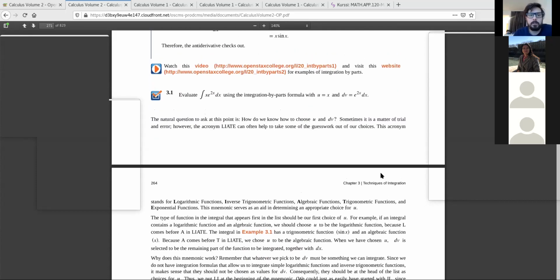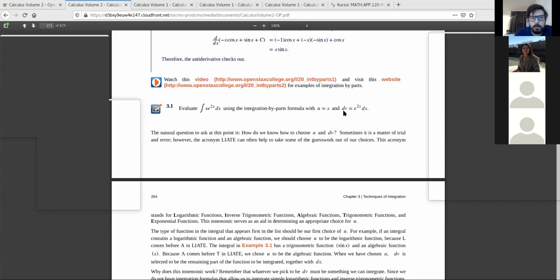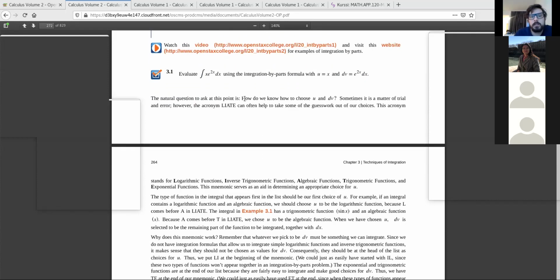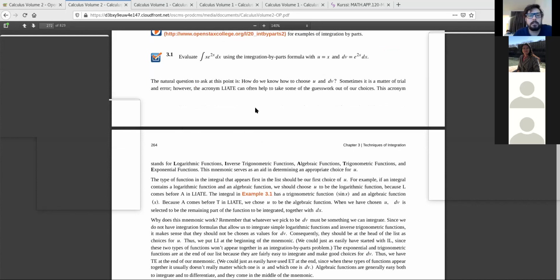Here are some examples. Evaluate this using integration by parts. The question here is, you should read these ideas of natural questions to ask: how do we know how to choose u and dv? Sometimes it's a matter of trial and error. Here are some ideas for guesswork. LIATE.